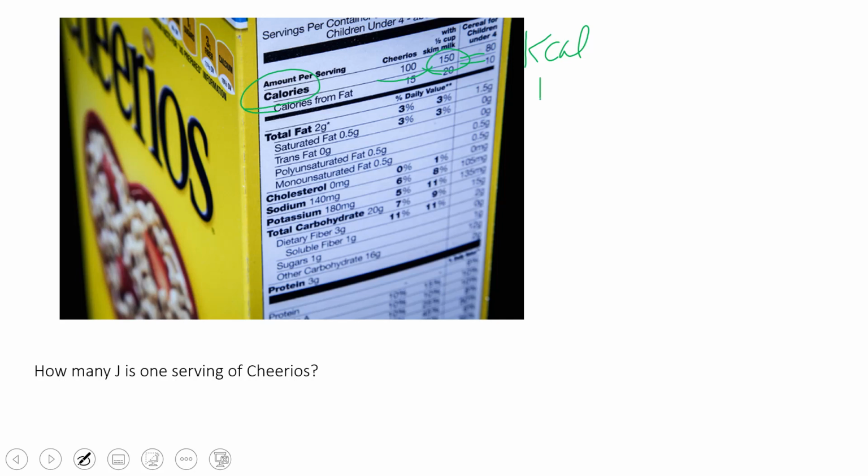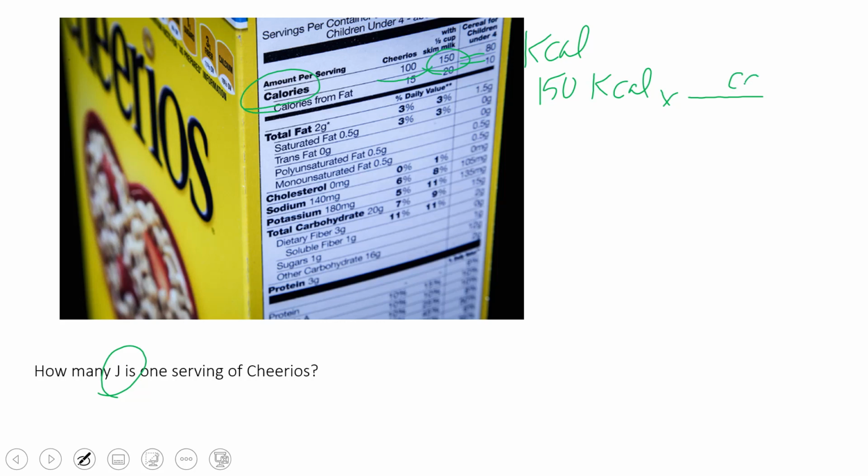Now, if I have 150 kilocalories, and I want to figure out how many joules is in 1 serving of Cheerios. So we need to go from kilocalories to little calories. And we know, so what do I want?